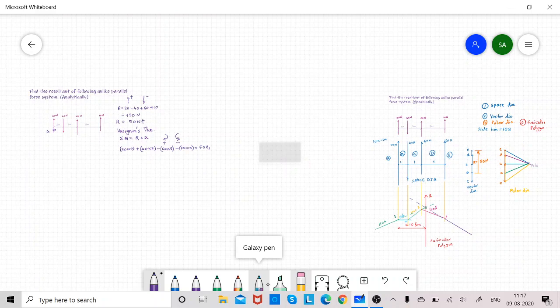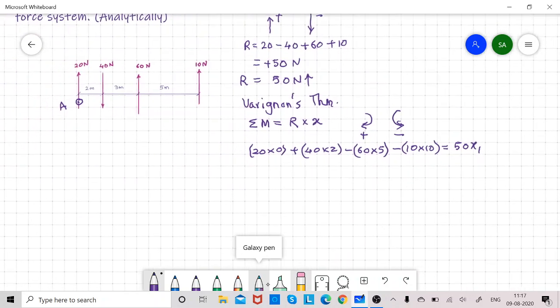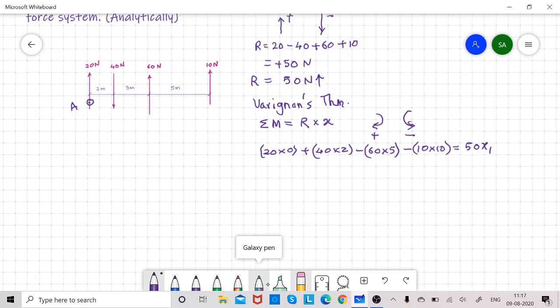We know the magnitude of the resultant, 50, and x1 is the distance of the resultant from point A, which is not known. So 80 minus 300 minus 100 is equal to 50 x1. So minus 320 is equal to 50 x1.